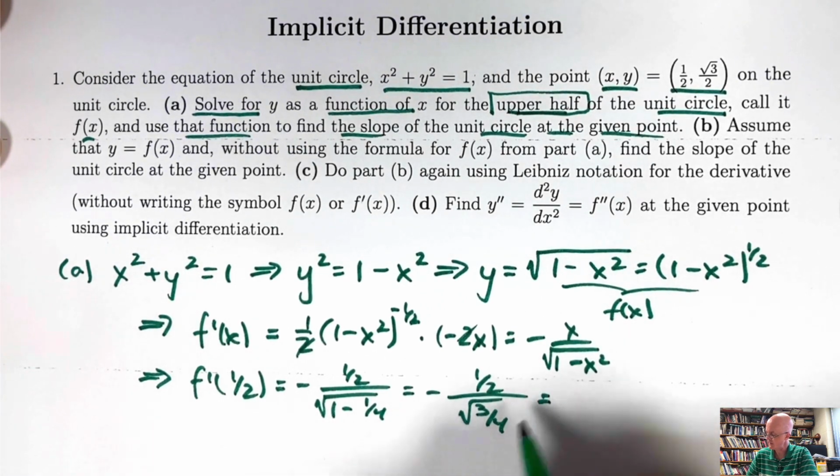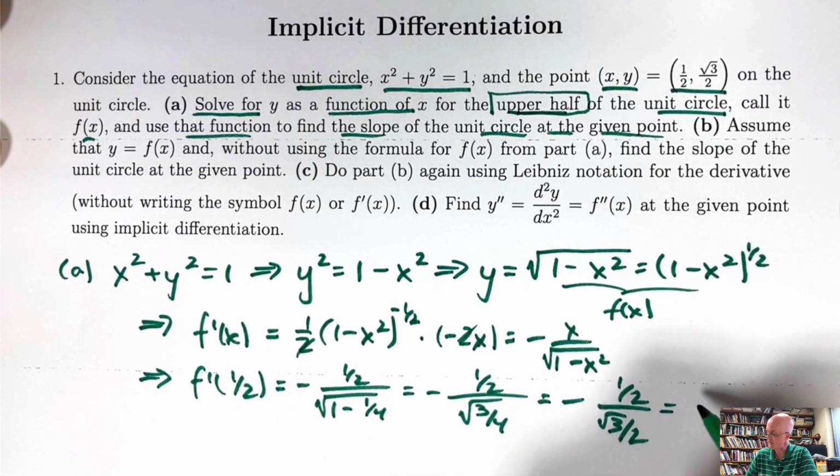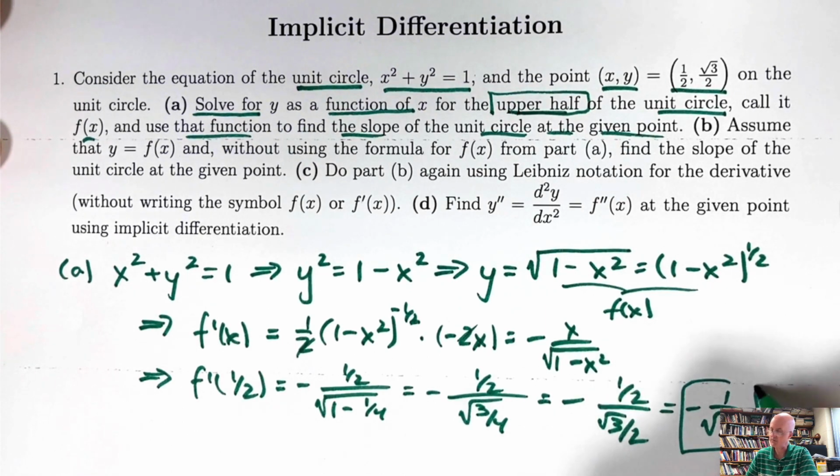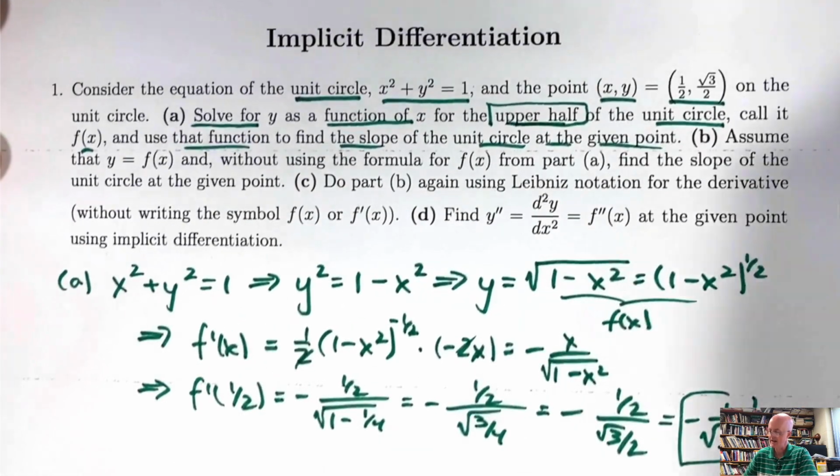And then the square root of 3/4 is the square root of 3 divided by the square root of 4. The square root of 4 is 2. This becomes negative 1/2 over square root of 3 over 2. The 2's divide out. Ultimately, this simplifies to negative 1 over the square root of 3. That is the answer for the slope of the unit circle at this point.